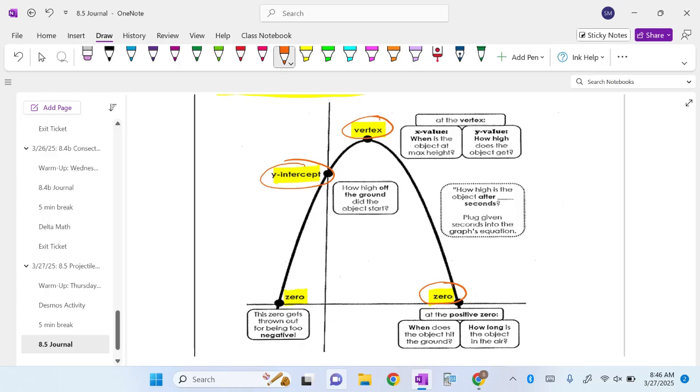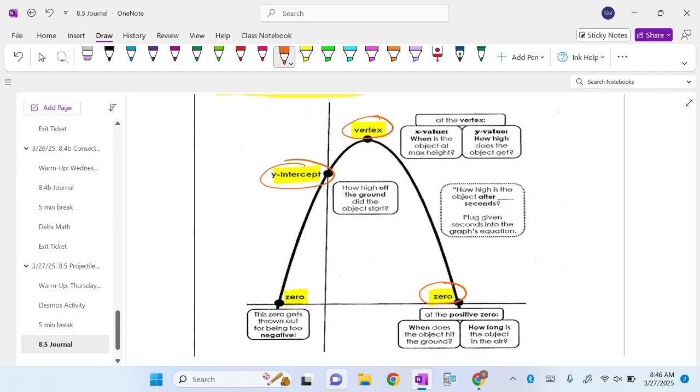No, not quite. It'll be a negative zero. And that zero represents what? What do the zeros, or the x-intercepts, represent? The time it took to hit the ground. Right.